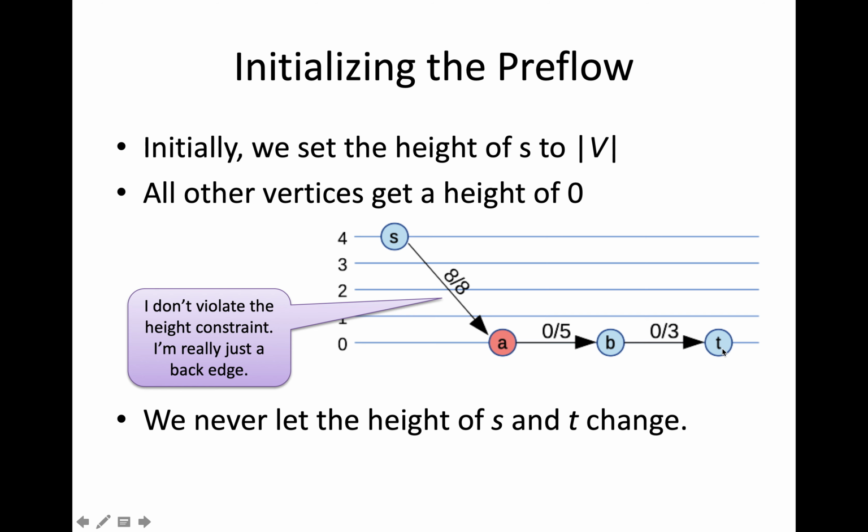And T is never going to be overflowing. We kind of pretend it can absorb as much commodity as you want. But the vertices in the middle can be overflowing, so that's a chance to relabel them. And remember, relabel just moves them up in height. So you can think of these vertices in the middle as occasionally getting a chance to move up so that they can later push additional commodity to one of their neighbors.